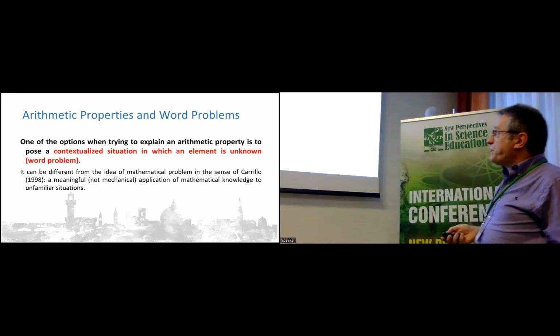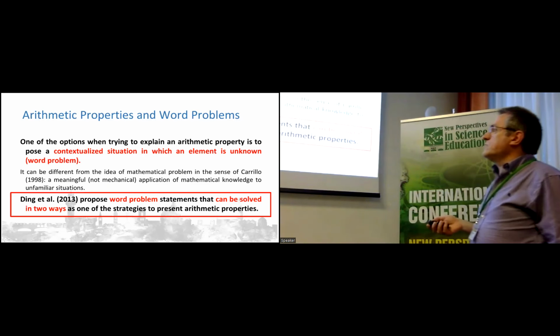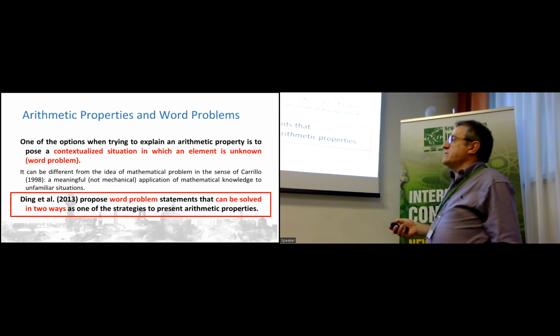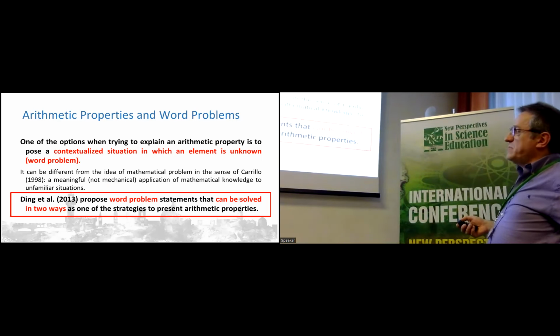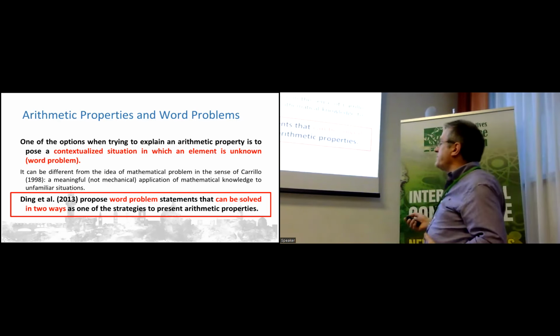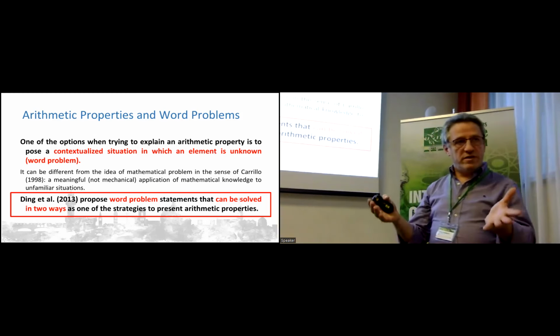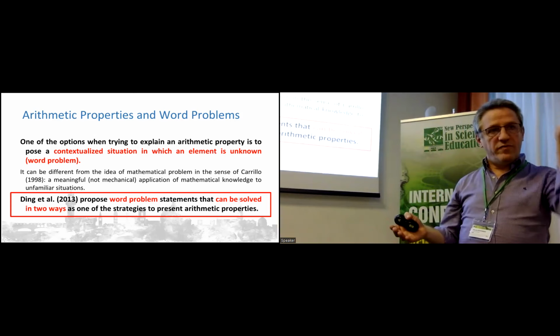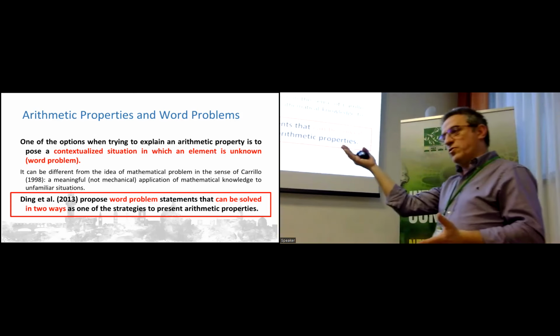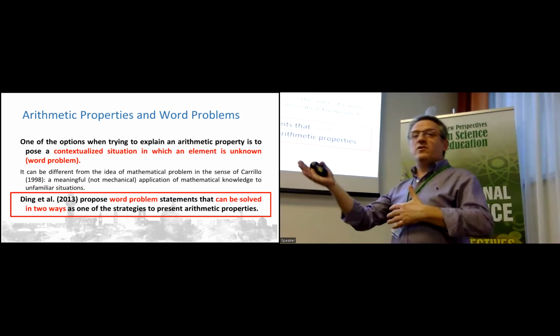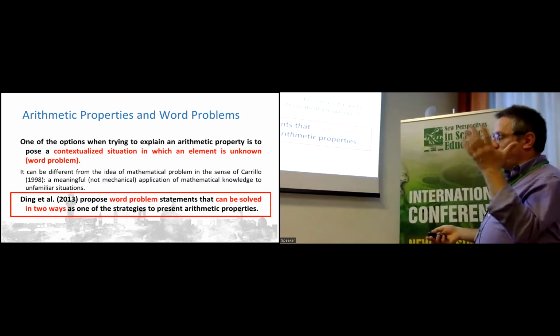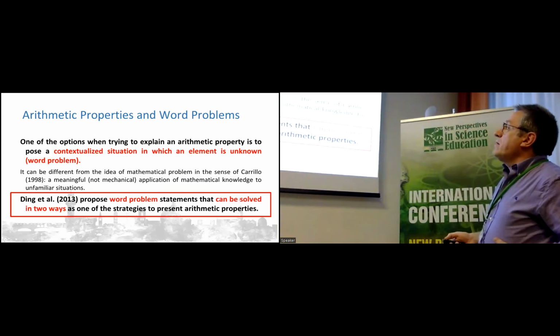So one of the options proposed by the authors is that maybe working with word problem statements that can be solved in two ways could help establish a relationship between what happens on the left of the equal sign and what happens on the right side of the sign. Okay.